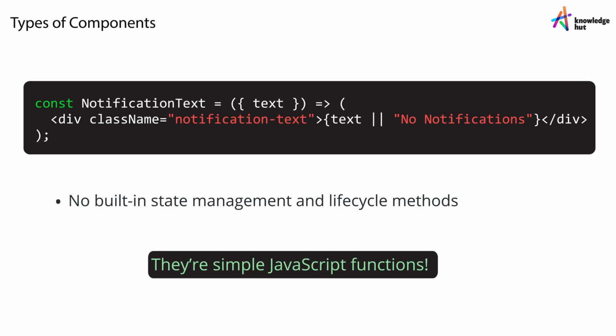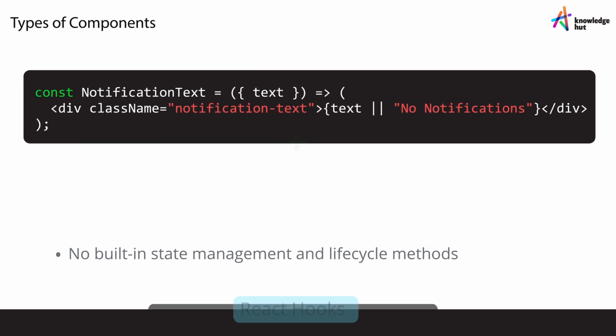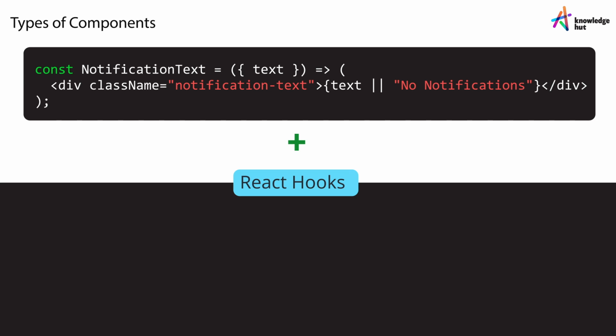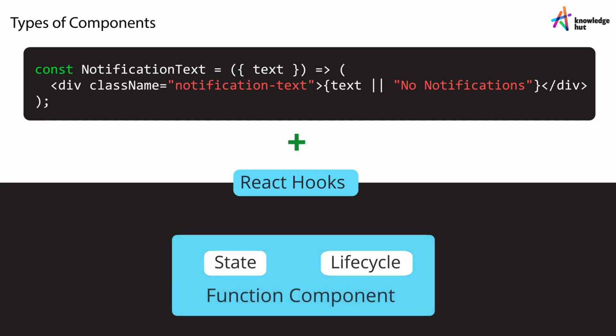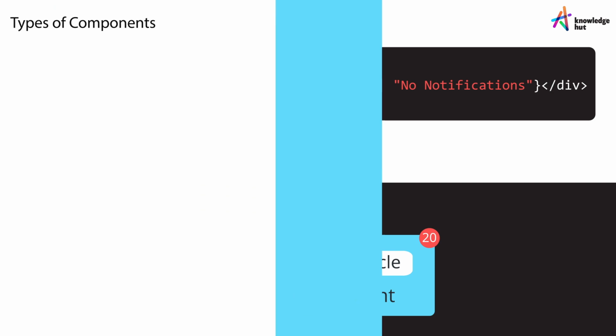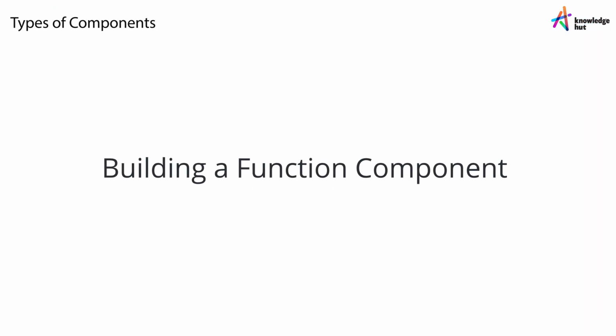And while natively they may lack the bells and whistles of a class component, React recently introduced the Hooks API, which lets you incorporate state and lifecycle methods right within a function component. This means you can upgrade a function component to include state management and other advanced features without converting it to a class component. So without further ado, let's quickly build a function component.